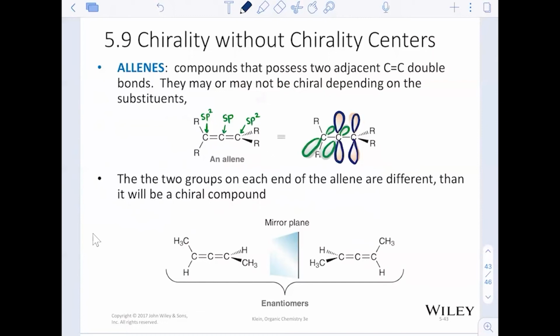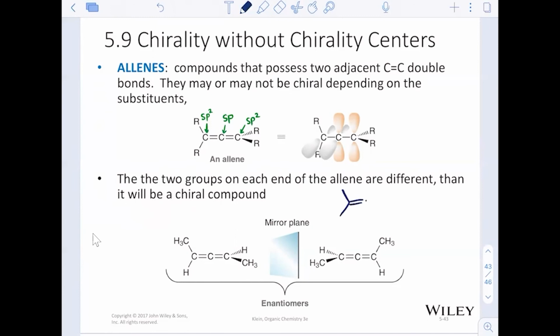And so these R groups are perpendicular to each other on opposite sides. So be very careful with allenes. If the two groups on each end of the allene are different, then the compound will be chiral. So if these two are different and these two are different, chiral. So, a quick example of allenes.